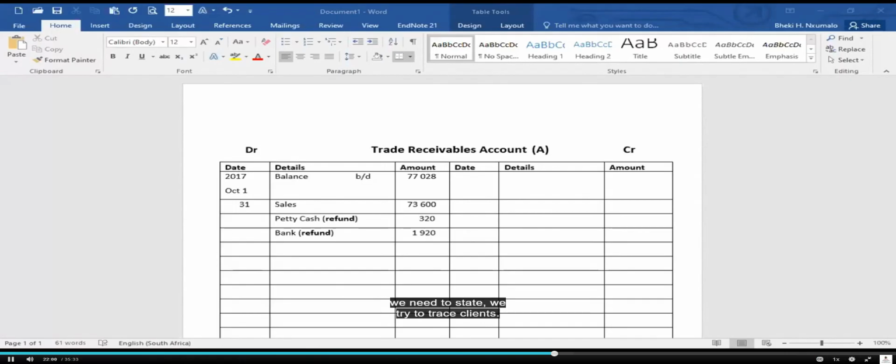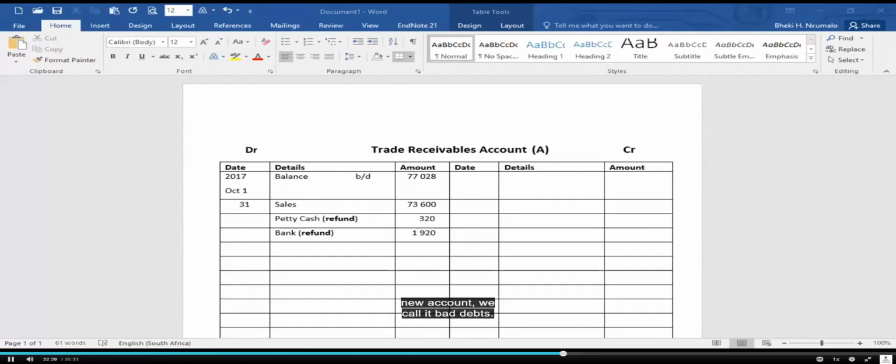When you write off your debtors, those who fail to pay until the end of your 12-month period, you create an expense account, a new account, we call it bad debts. In this case, we wrote off this debt of 390 in the previous financial year.